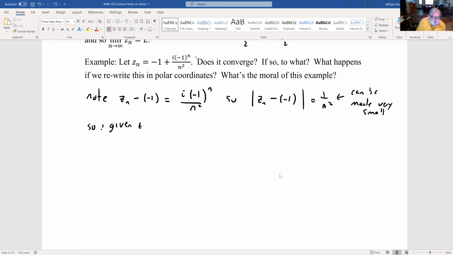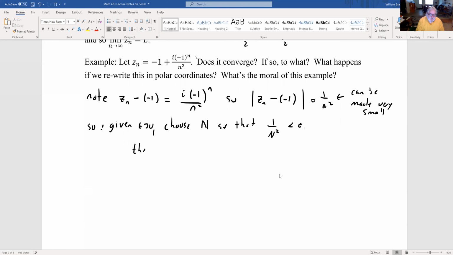So given epsilon greater than 0, choose capital N so that 1 over N squared is less than epsilon. So epsilon is some number. You can find an integer so that 1 over that integer squared is less than epsilon.